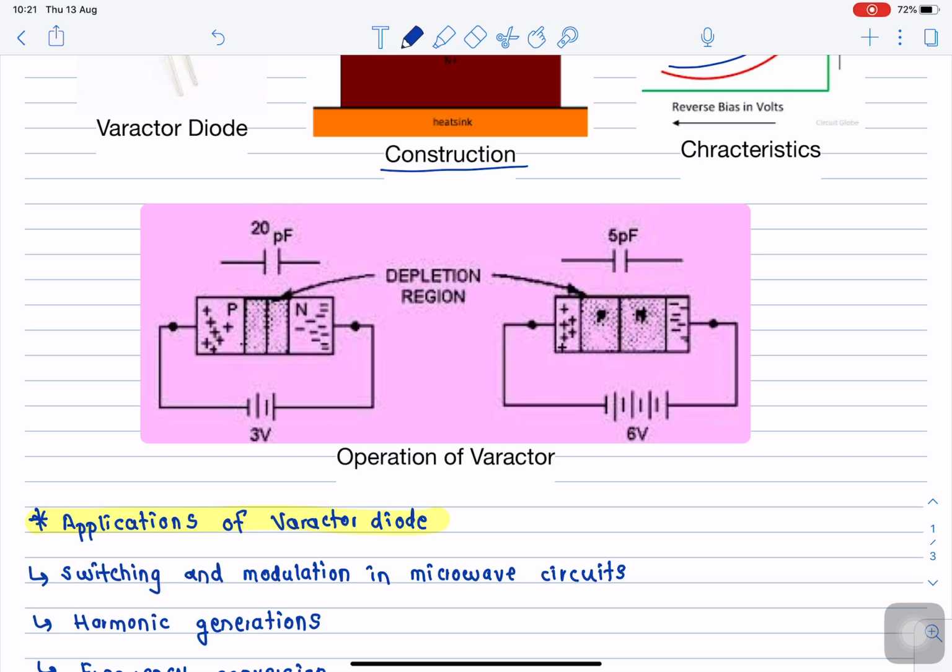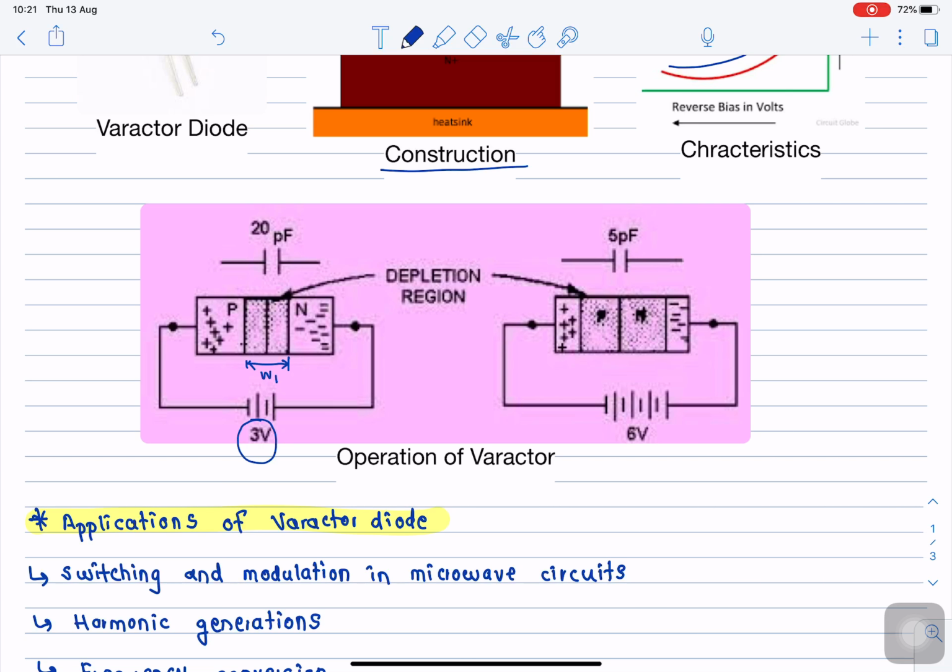So here in the first diagram, this Varactor diode is reverse biased by applying a voltage of 3 volts. So when we apply a voltage of around 3 volts across the diode, the junction will get reverse biased and the junction will have a certain width, let us say W1.